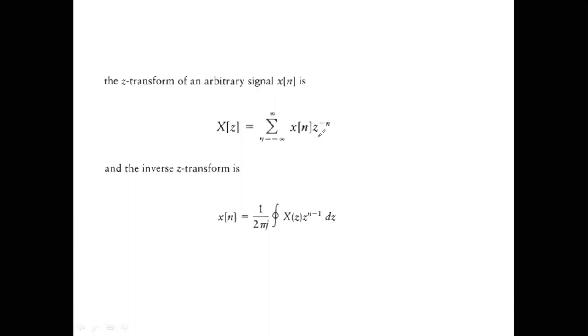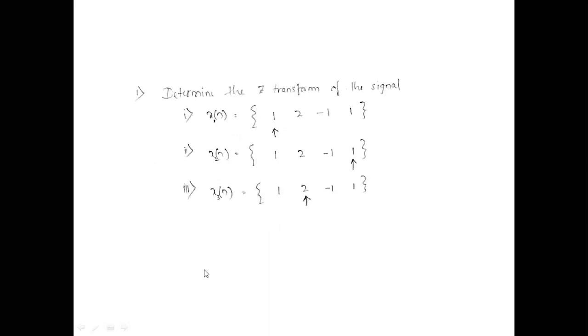Once again, what's the formula? X of n, z to the power minus n. So here is the problem. Let me start with three basic signals. You can see the first signal, second, and the third one. The tricky thing is you can see the arrow.